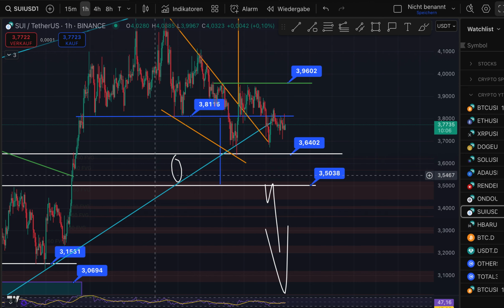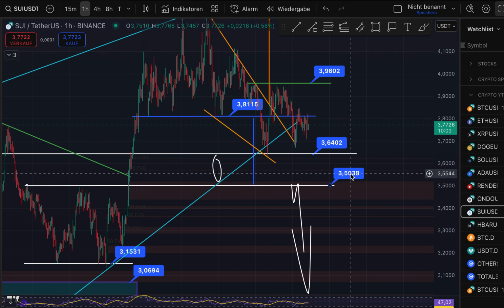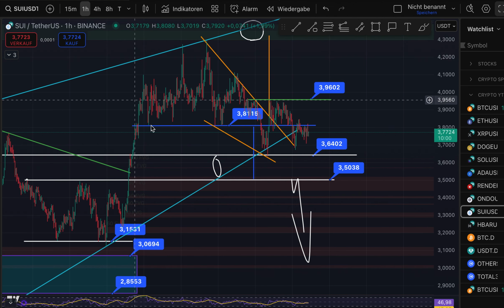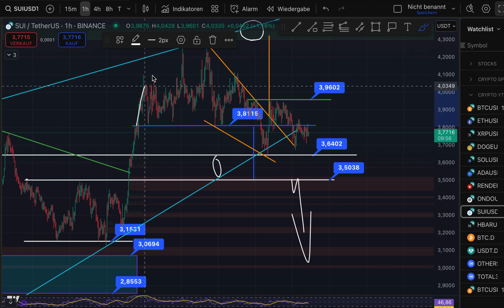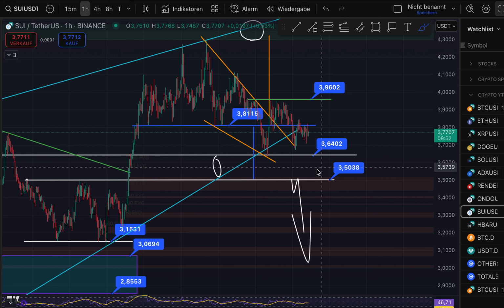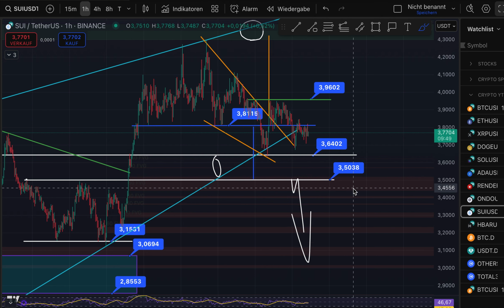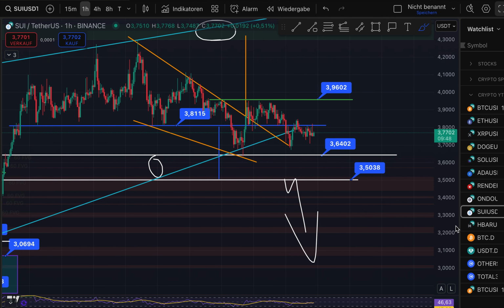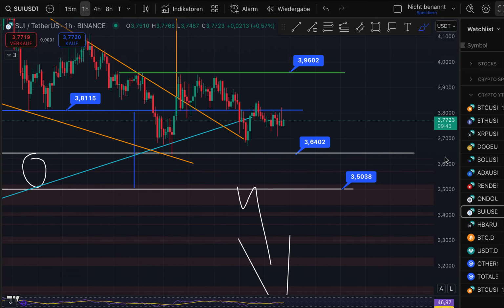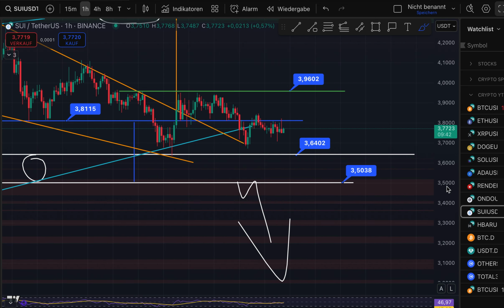If the $3.50 breaks to the downside, and the $3.50 is also the target of that head and shoulders formation up here, this one, head and shoulders formation. If we lose the $3.50, then we can think about a bigger pullback for SUI, which most people don't expect yet. But so far we are still far away.